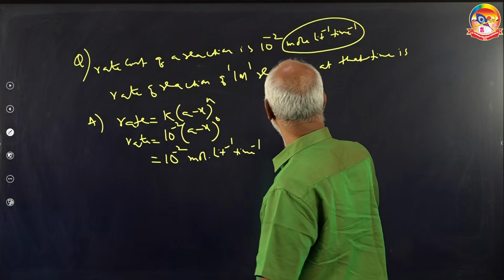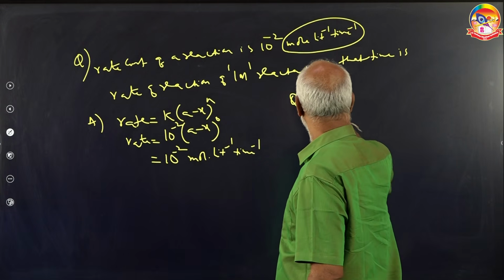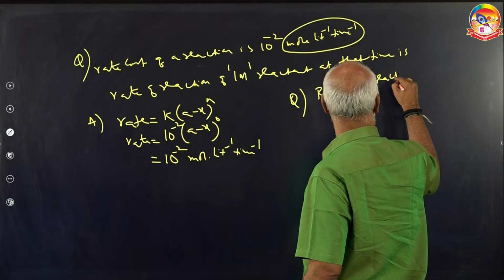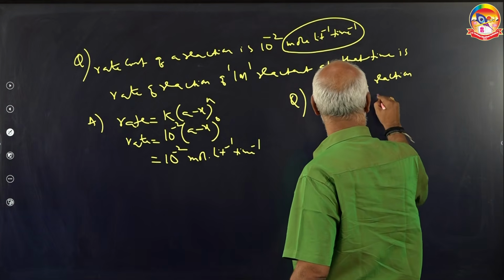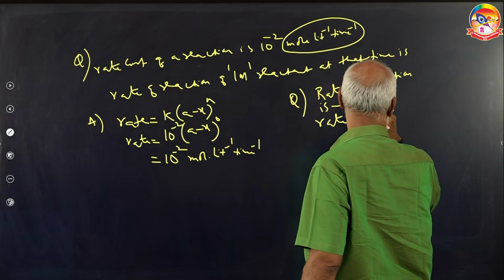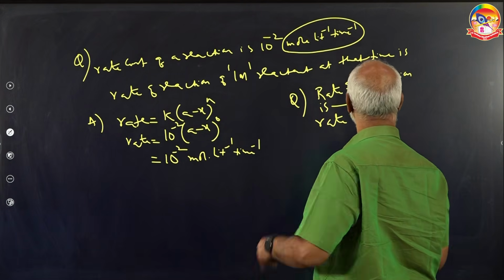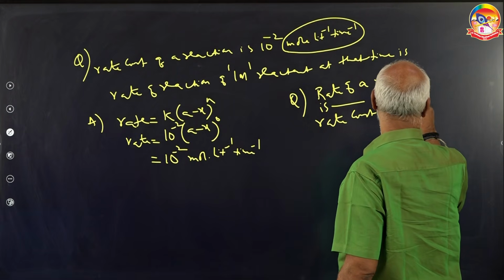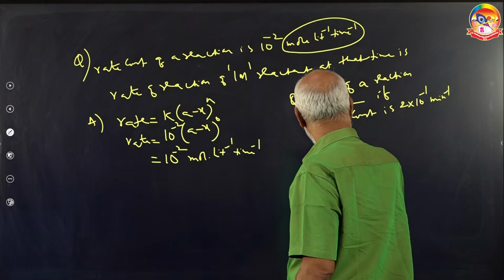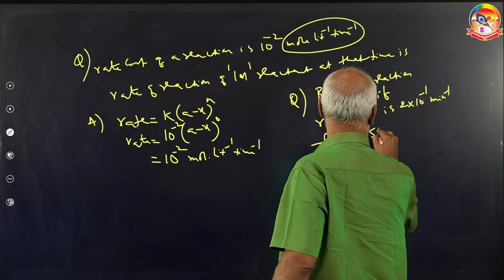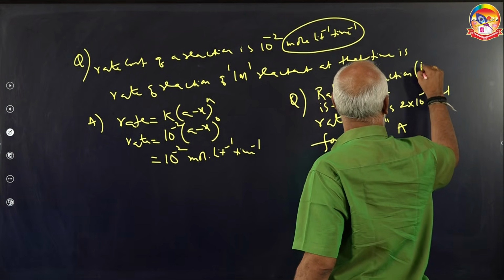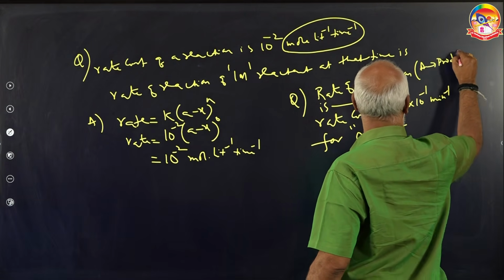Suppose if they gave you a question as: rate of a reaction is dash, if rate constant is 2 into 10 to the power minus 1 minute inverse, for a 0.5 molar A gives product is the reaction.